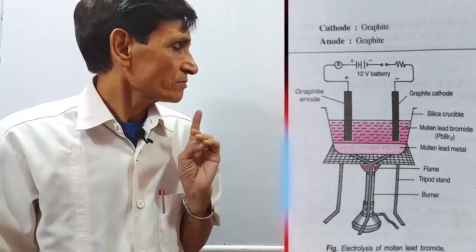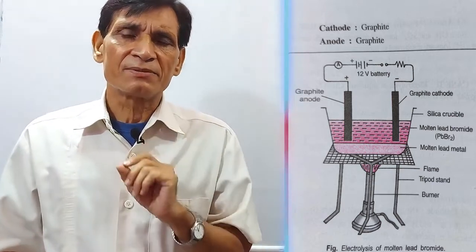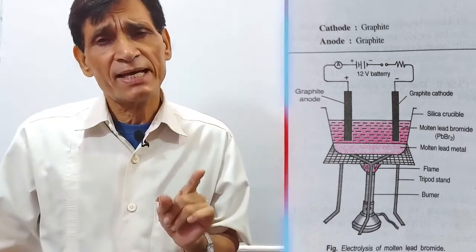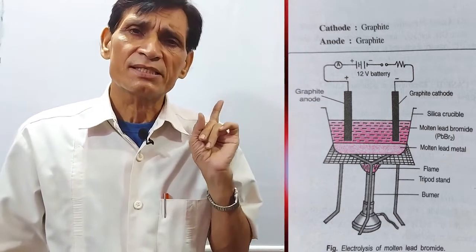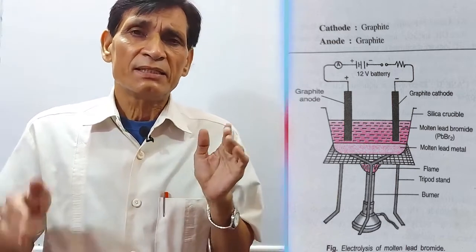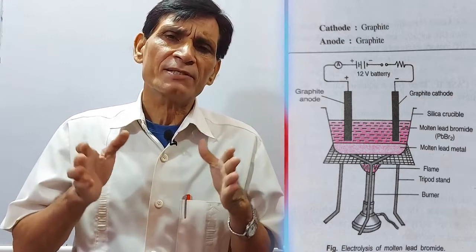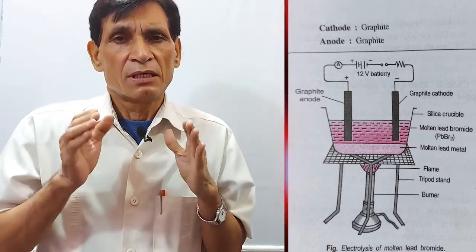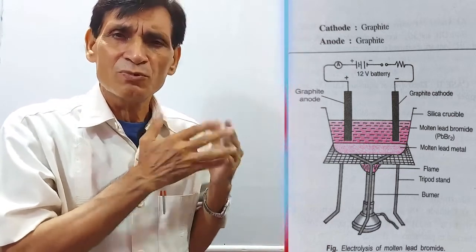Second question, why is lead bromide taken in molten state? Because solid lead bromide contains lead ion and bromide ion, but it does not conduct electricity because these ions are held together by a strong electrostatic force of attraction, that is ionic bond. This is why the ions are not free to move.